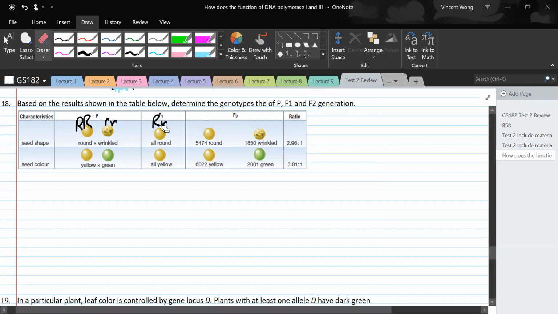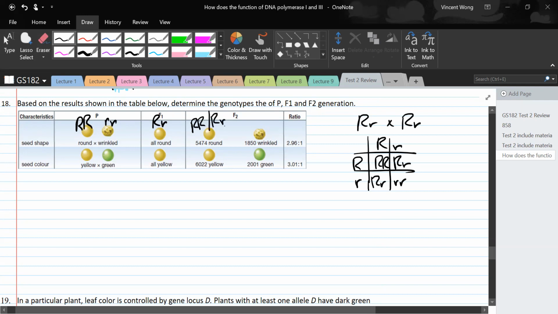And then if you take big R, small r, cross big R, small r, like we've done so many times by now, if you do the Punnett square like that, you're gonna get the classic 3 to 1, right? 3 out of 4 will be round, 1 out of 4 will be wrinkle. So the round ones are either RR or big R, small r. And then these are the wrinkle ones.